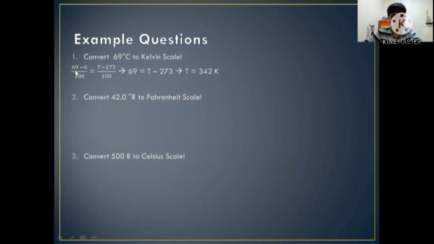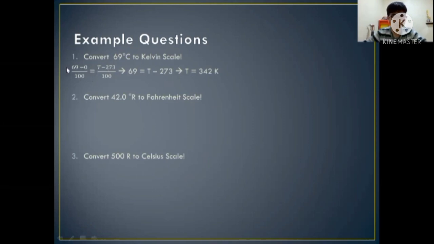So in here, there's 69 minus 0 divided by 100, which means this 69 is the given temperature from Celsius. This one is Celsius and this one is the Kelvin, since we want to convert Celsius to Kelvin.